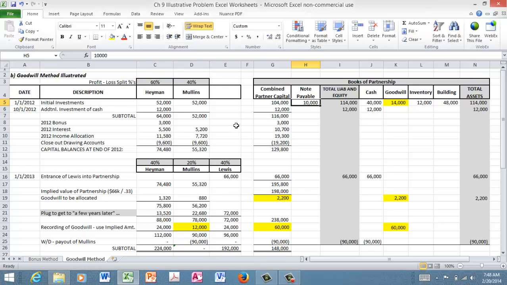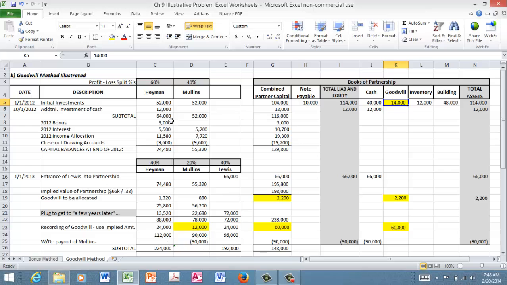Perhaps Mullins had some qualities, maybe skill set, maybe customers, whatever, bringing to the partnership. Heyman was perfectly fine with saying, I like that, and I'm going to be a 50-50 split with you, knowing that the assets that Mullins brought in were a net of the 48 and the 10, net of $38,000. And therefore, we have to show this $14,000 of goodwill in order for our opening entry to balance. So that's where that comes from.